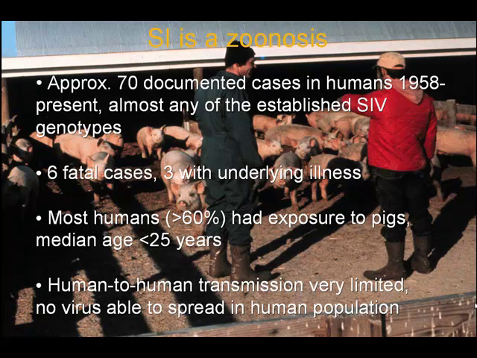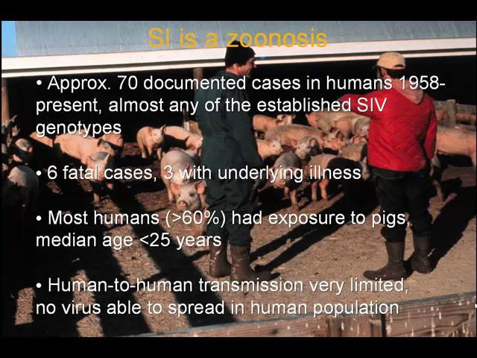It's known for a very long time that swine influenza is a zoonosis, but this has never caused too much concern in the past for several reasons. First of all, the total number of documented human cases remains rather small, and most of these cases were clinically mild, very similar to infections with human seasonal influenza viruses.